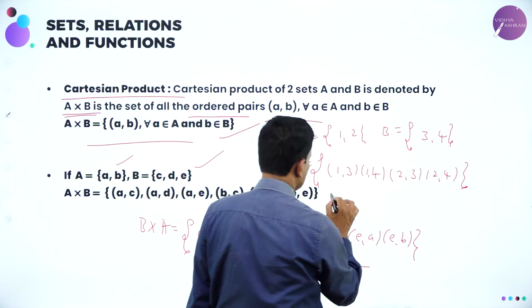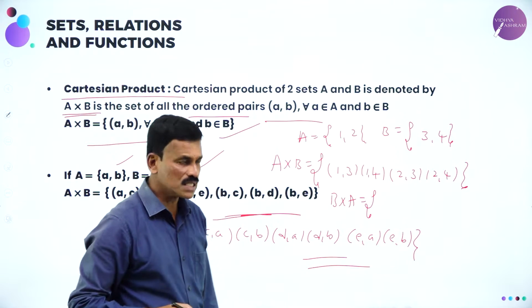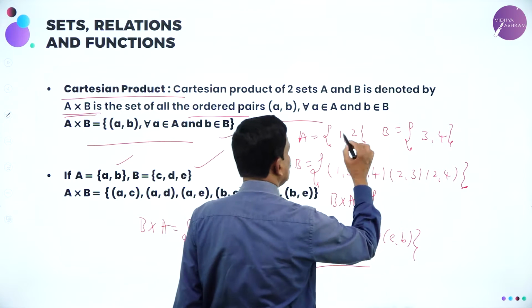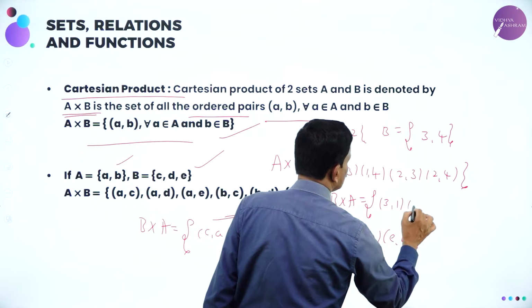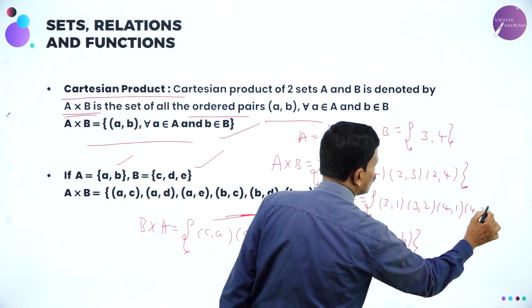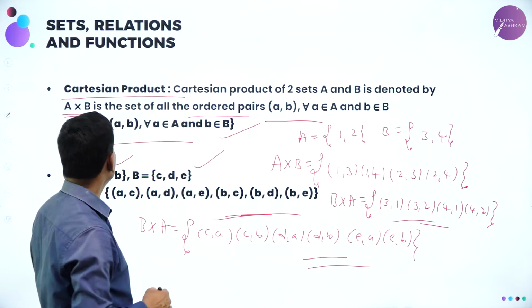Suppose you want to write B cross A, the Cartesian product from B to A. B cross A is written as: the first elements are elements of the set B, (3, 1) and (3, 2). Similarly, (4, 1) and (4, 2). This is the Cartesian product of A cross B and B cross A.